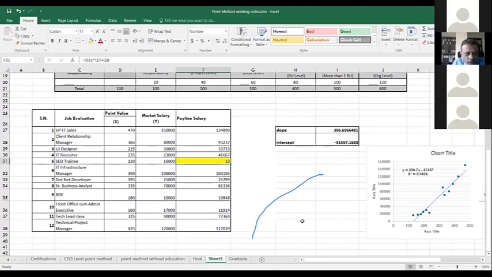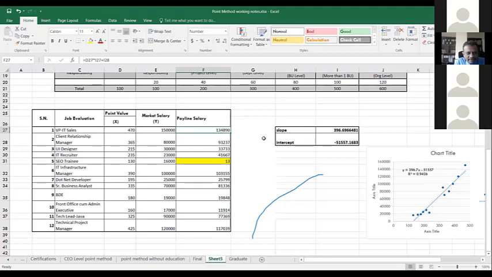Can you click on the intercept? Just click on that 13 where it's coming yellow. Go to VP sales and click on VP sales. Okay, now the pay line salary calculation.